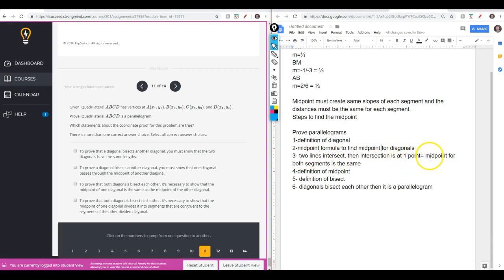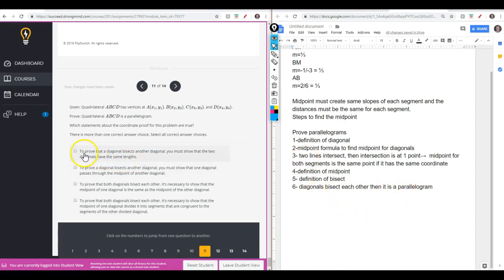This is how I interpreted it: the midpoint for both segments is the same point if it has the same coordinates. Okay, then they had the definition of a midpoint, the definition of bisect, and then they said diagonals bisect each other, then it is a parallelogram.